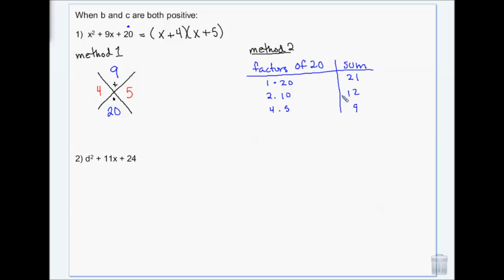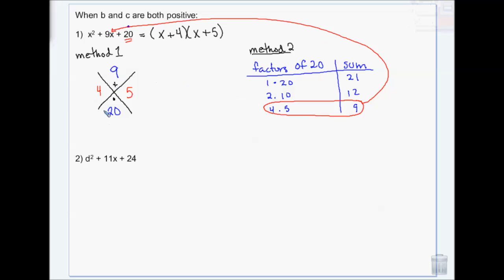Woohoo! This one matched. So you just start listing factors of 20 or whatever number is here and add them together, and when this number matches this number, you've found your factors.